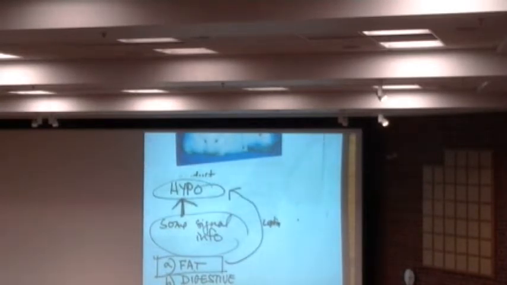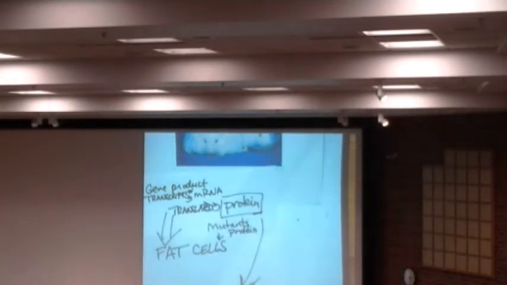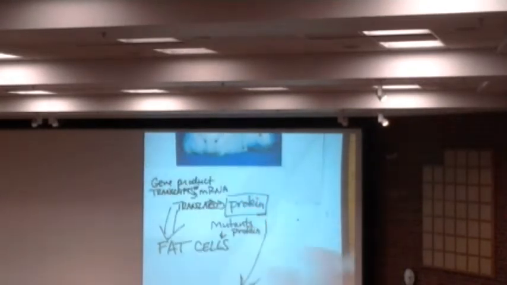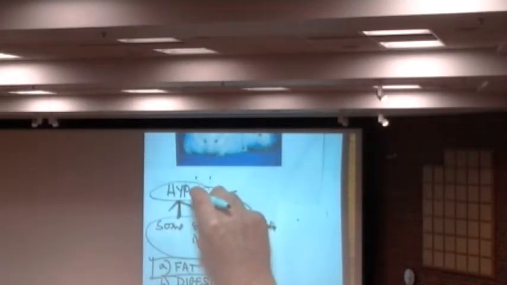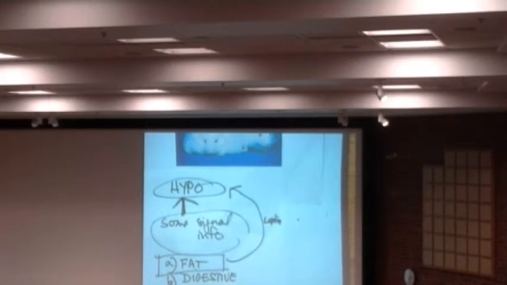Now, this mutant mouse, unfortunately, is not making leptin. This mutant mouse has that part of the brain in the hypothalamus overactive. It keeps eating and eating and eating.